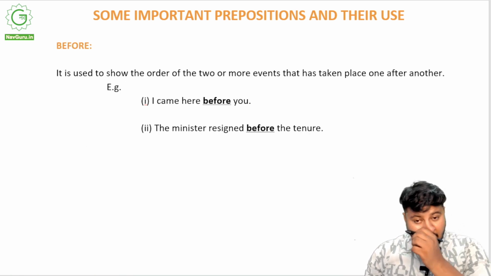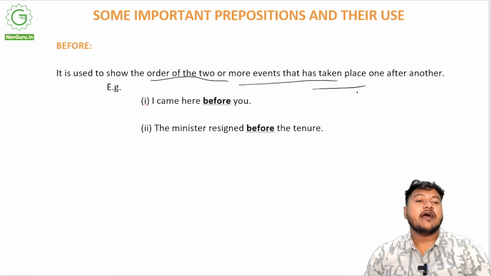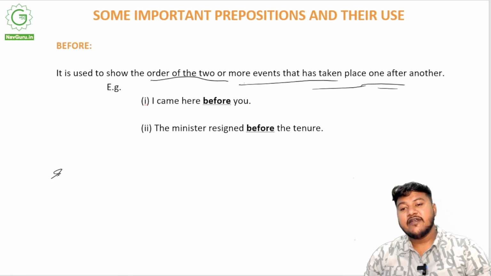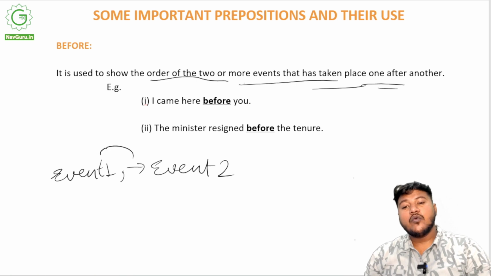Next. Before. Before is used to show the order of the two or more events that have taken place, one after the other. So see, this is event 1, this is happening, and then it is followed by event 2. So I'll say event 1 happened before event 2, right?